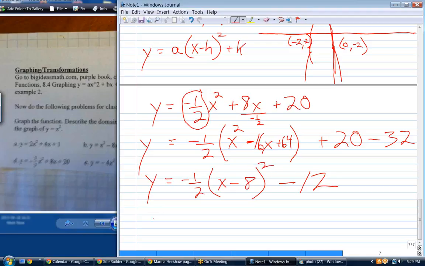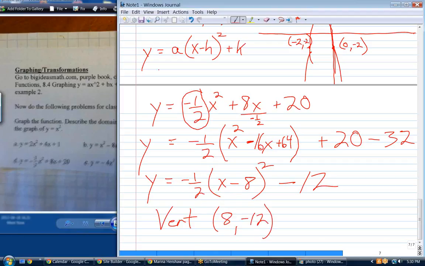So where's the vertex? X minus. No, the vertex is at a coordinate. What are the coordinates of the vertex? Oh, negative 8. No. And positive 8? Positive 8 and negative 12.